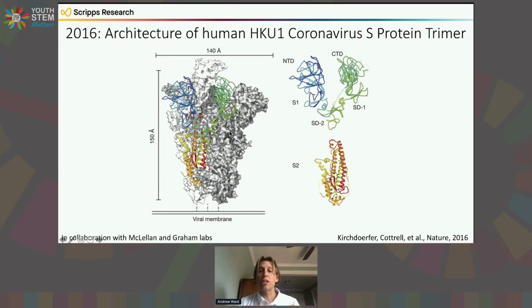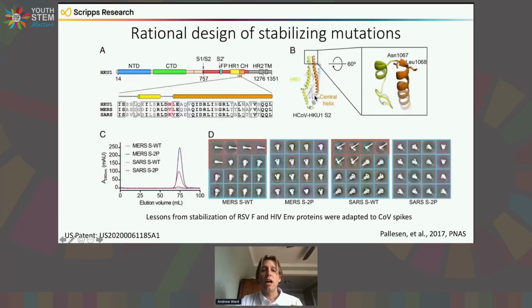So now we have an atomic-level detailed picture of where all the domains are and where the fusion machinery is. This is where it binds the receptor, and this is the machinery that undergoes those large conformational changes to fuse the membranes. And so we could use that information to start designing and changing the protein, mutating different regions to really stabilize that pre-fusion, locked-in conformation.